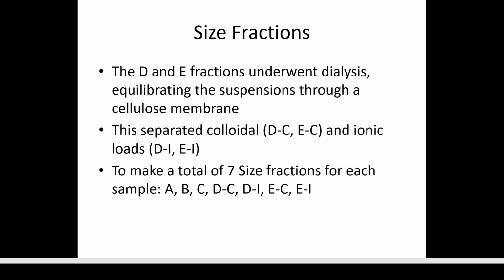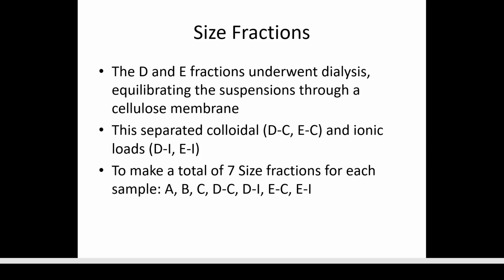Therefore, only the colloids that were in the supernatant fluids would be subjected to one side of the cellulose membrane. They would not have the ability to pass through this membrane, and therefore one fraction would remain strictly the colloid material. The material that passed through the cellulose membrane would be the ionic loads of the sample.